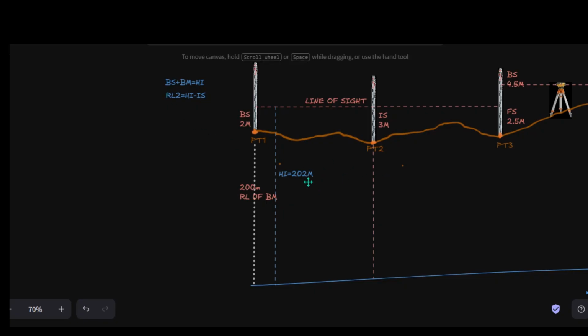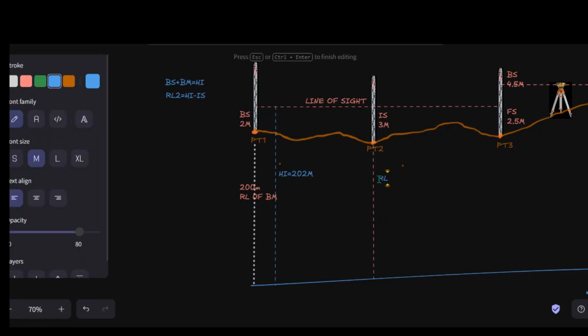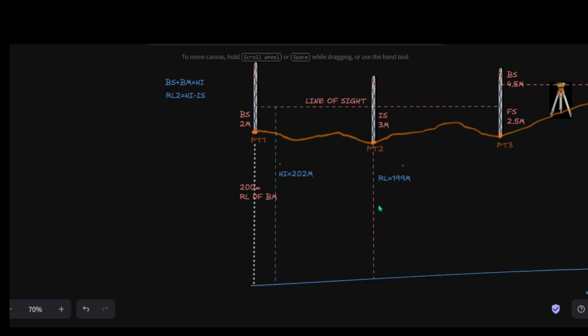So it is now 202 minus 3, which gives me about 199. So the RL will be equal to 199 meters. You get the RL of this point, 199 meters. So that when I add 199 to 3 meters, it gives me the total of this, the HI. So let's go further.